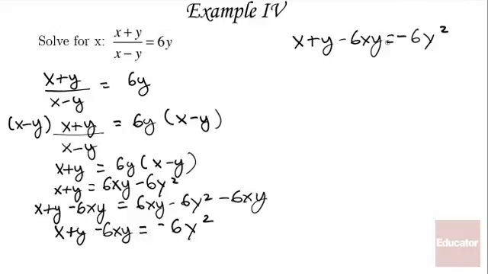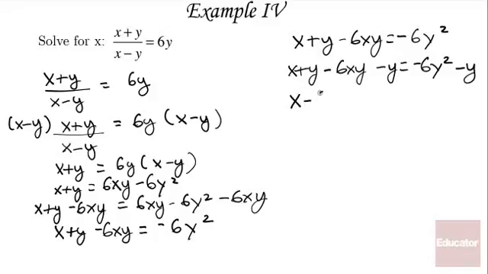So first I have all my x's, or terms containing x's, on the left, and I want to get this y over to the right, and then I'll separate that y out in a minute. That one's a little bit trickier to separate out. x plus y minus 6xy minus y equals minus 6y squared minus y. Okay. Now I have x minus 6xy equals negative 6y squared minus y.